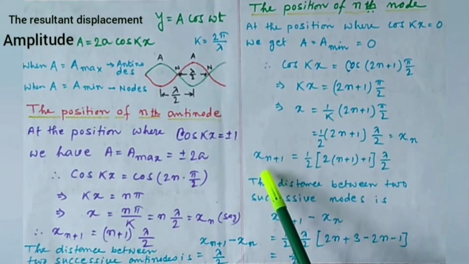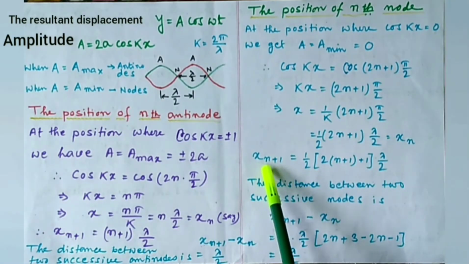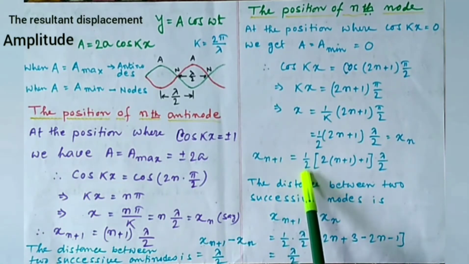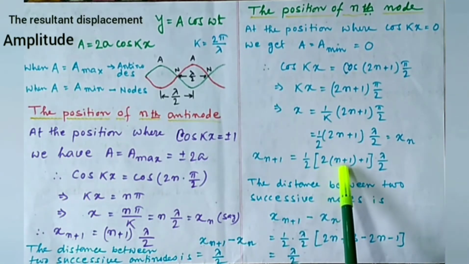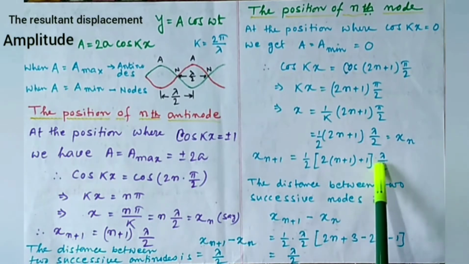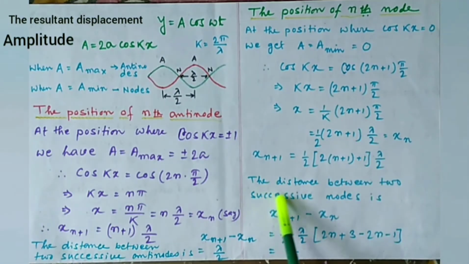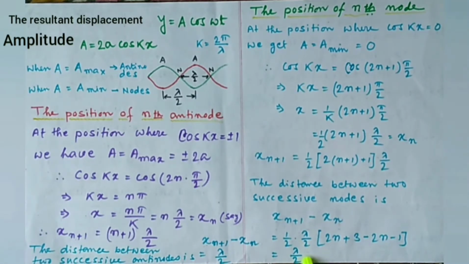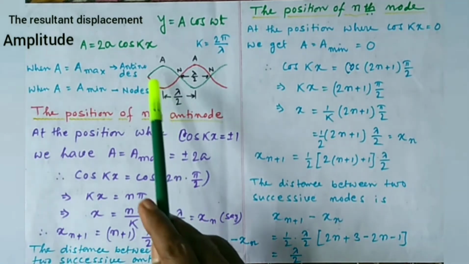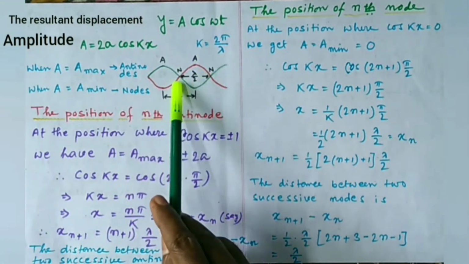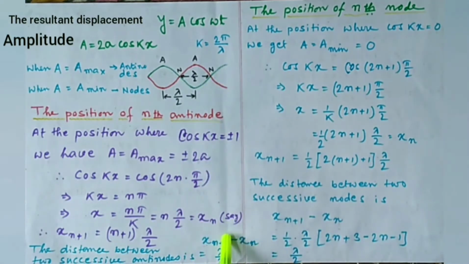Thus, the nearest node xn plus 1 equal to half 2 into n plus 1 into lambda by 2. Therefore, the distance between two successive nodes is equal to lambda by 2. So, we found that for antinodes and nodes, the distance is equal, and that is equal to lambda by 2.